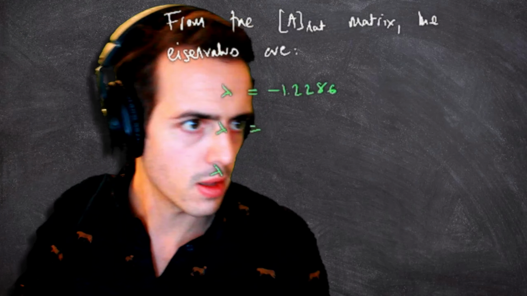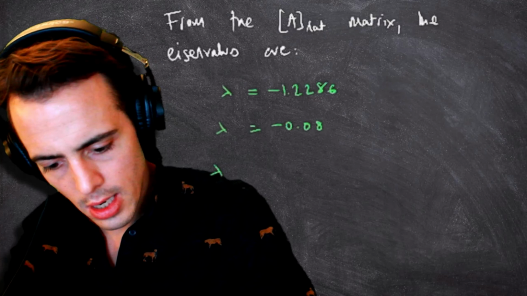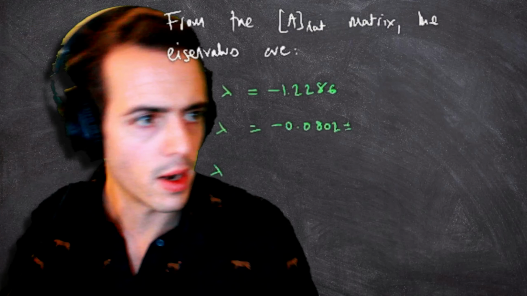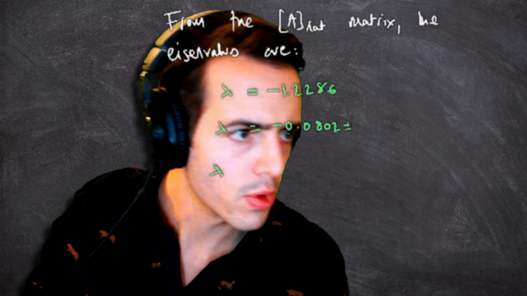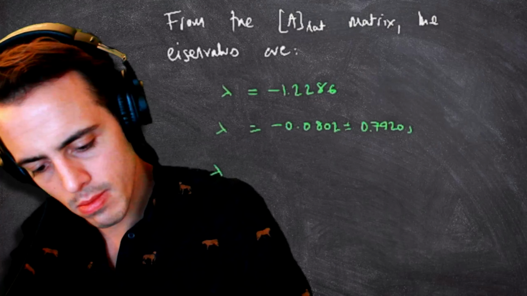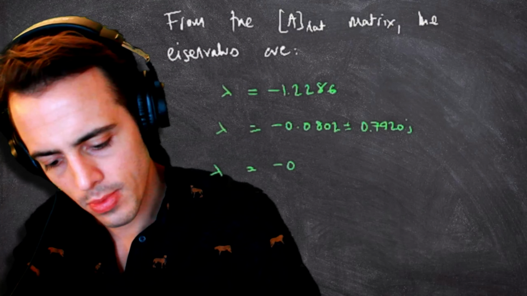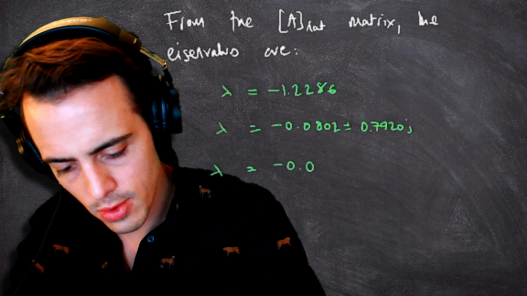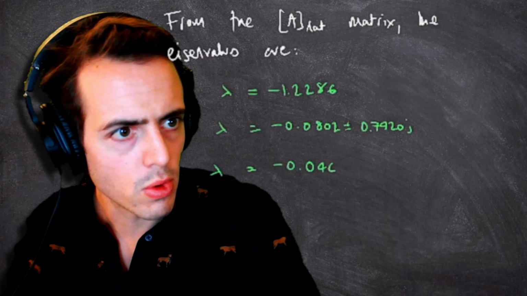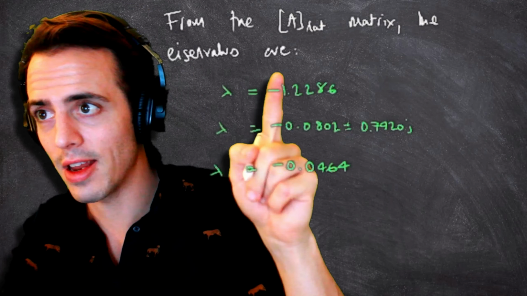The second one is equal to minus 0.0802 plus or minus 0.7420j. And then the last one is equal to minus 0.0464.